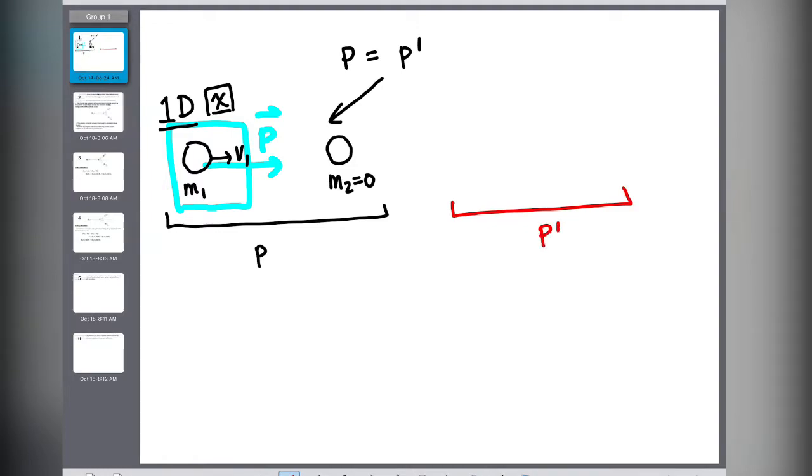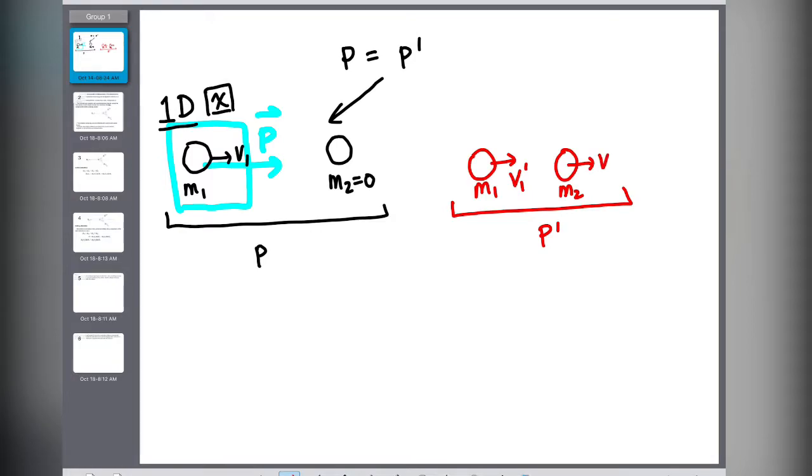And then when we look at the final, many things could happen, right? I could say mass 1 and mass 2 are stuck together and keep moving, or one goes backwards and the other one starts moving, or whatever. But what we do know is that mass 1 now has a new velocity, and mass 2 also has a new velocity after the collision.